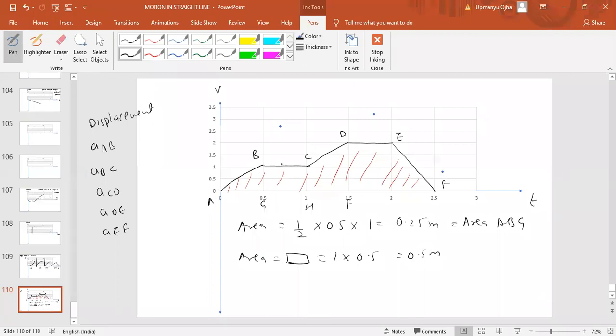Area of GBCH will be 0.5. Okay, then HCDF, then DE, IJ. Okay, so area of ABG plus area of BGCH plus HCDI plus IDEFJ, then EFJ. Okay, fine. So what answer you are getting here? Tell me. Just add all the areas and get the answer.